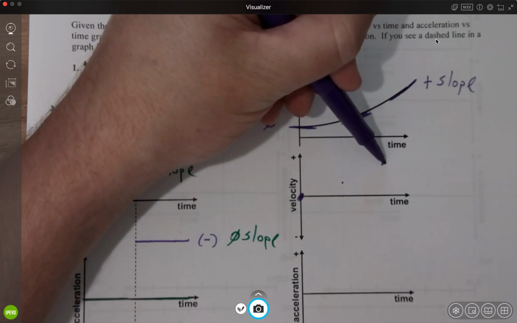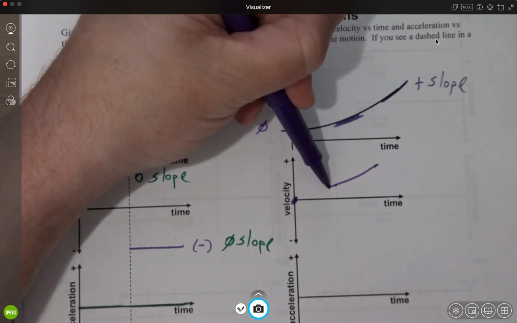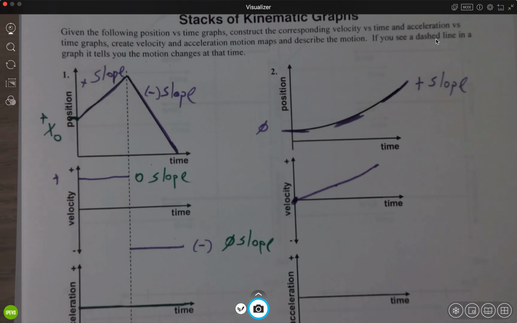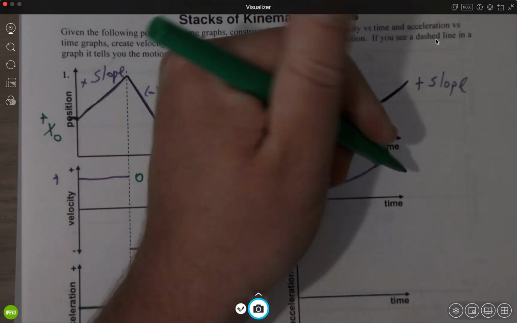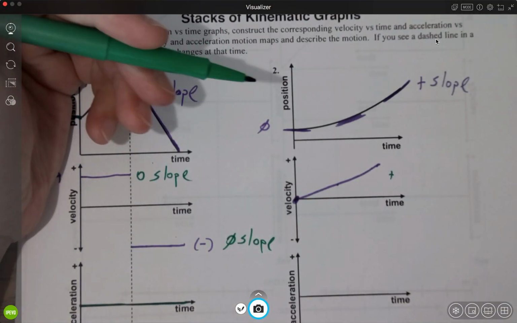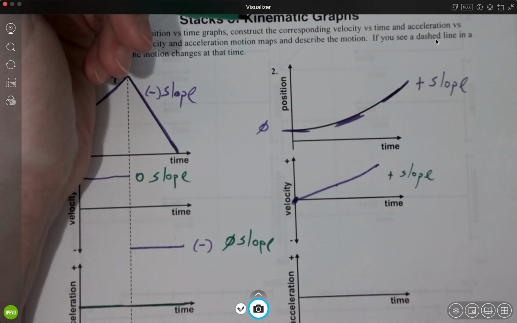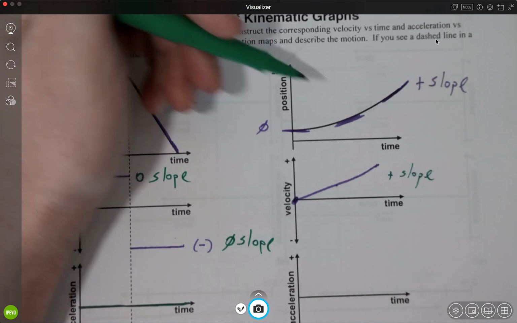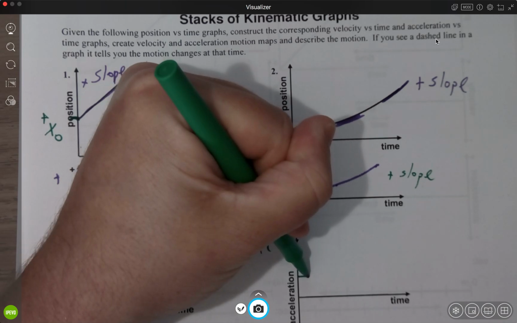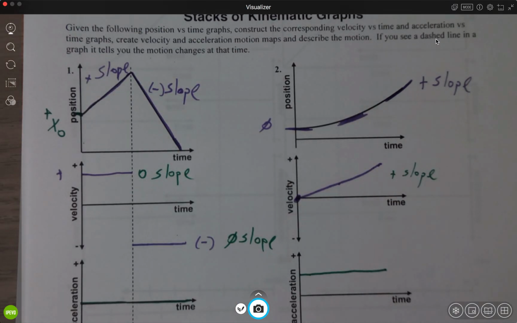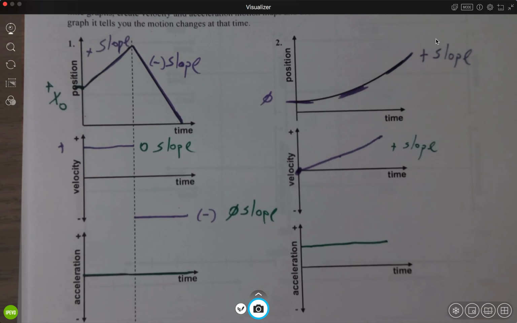So what we're seeing is our velocity increase over time, at a steady rate. So there is a positive slope here, and this positive slope says that our acceleration is going to be this positive constant. That is given from our velocity graph.